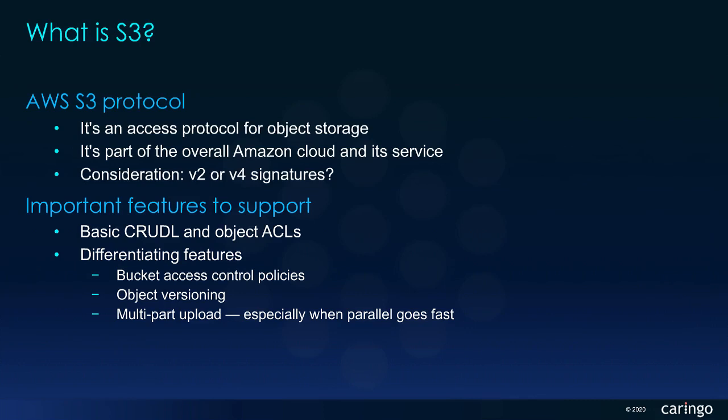Does my object storage platform support multi-part upload? That is critical when you are dealing with large files. You can go very high on performance, on throughput, just by using multi-part uploads. Multi-part upload is basically uploading the file in chunks, in segments, at the same time to the object storage.